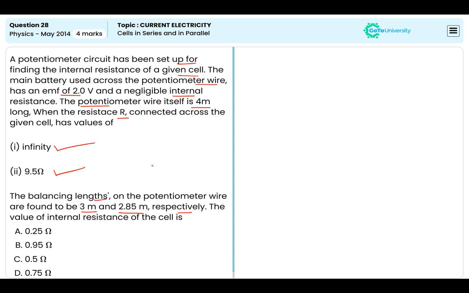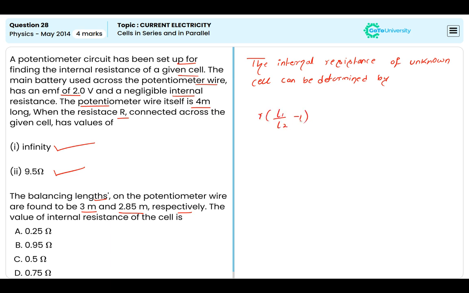Then we know that the internal resistance of the unknown cell can be determined by the equation R times (L1 by L2 minus 1).